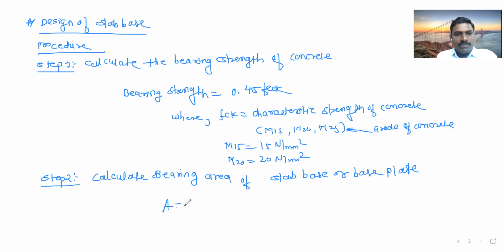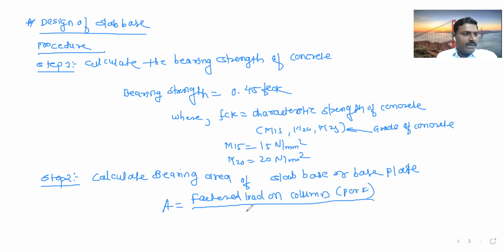So A is equal to bearing area. A is equal to factored load on column. Whatever factored load on column, that is P or F, is given in the problem statement, divided by bearing strength of concrete.